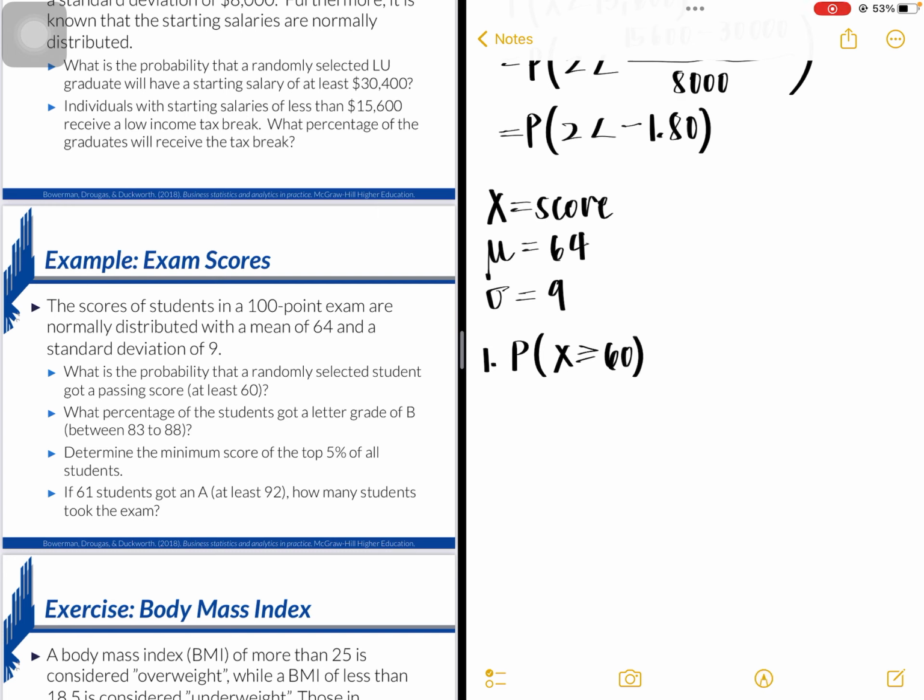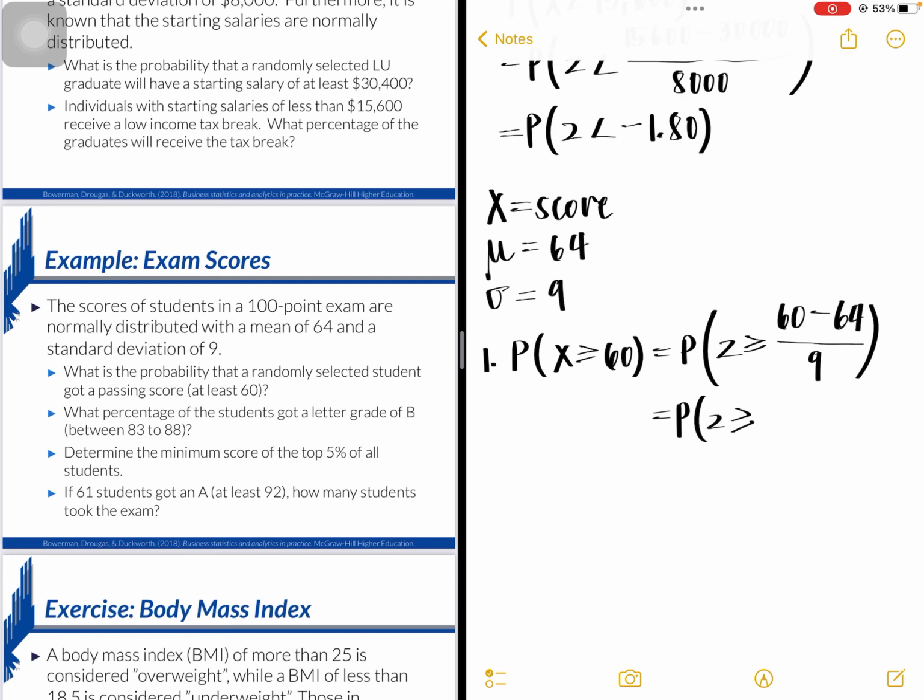So the next step is to convert this to z. So that's 60 minus the mean of 64 over the standard deviation of 9. And then we solve for this z-score. That's 60 minus 64 over 9.